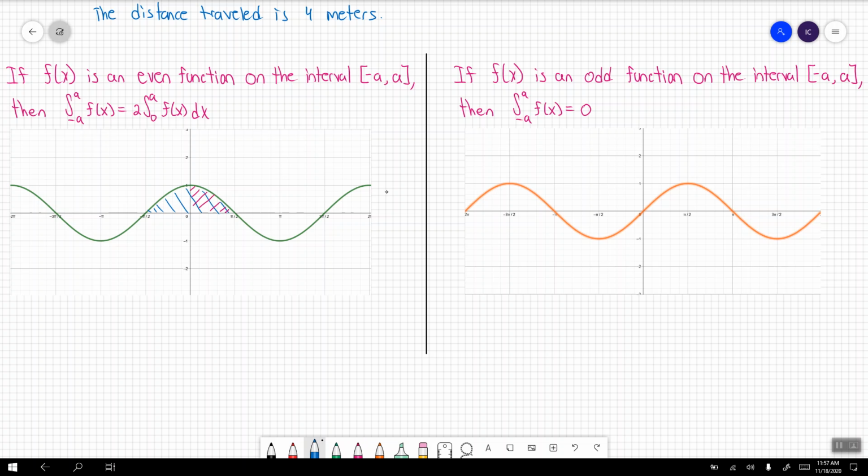So here we know that cosine is an even function. So that's what I'm working with here, cosine of x. Naturally, if I were to try to evaluate this, I would say the integral from negative pi halves to pi halves for cosine of x dx. Well, cosine is an even function, identifying the bounds from negative pi halves to pi halves.